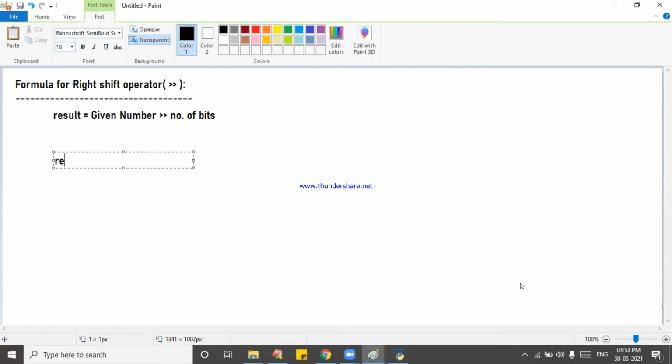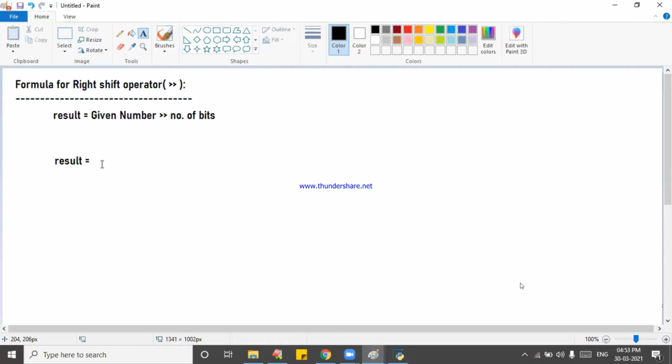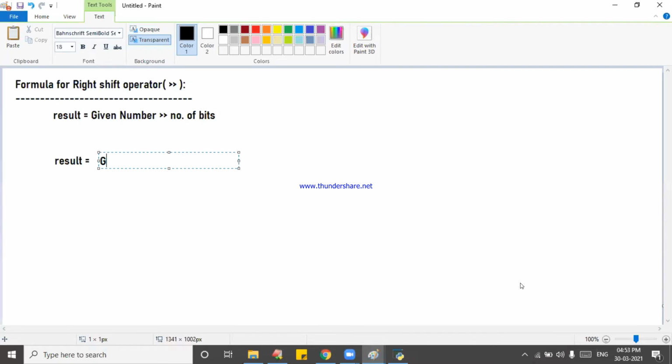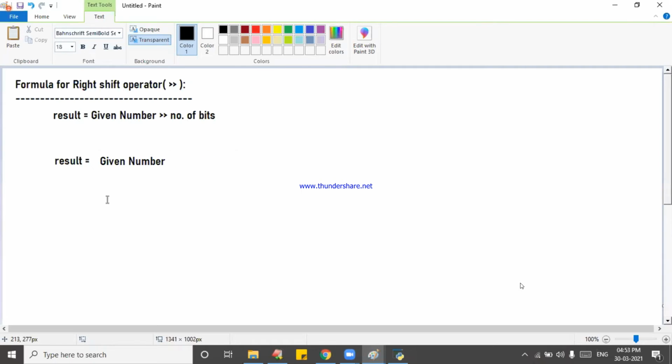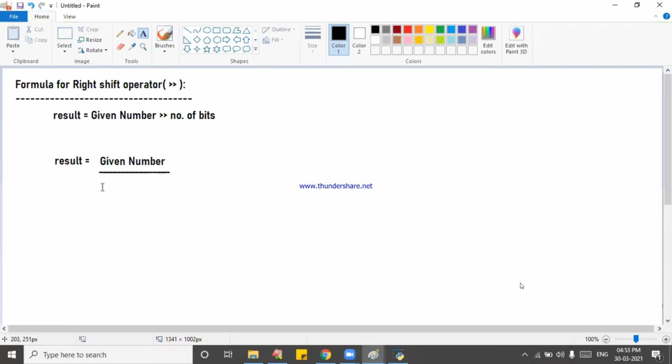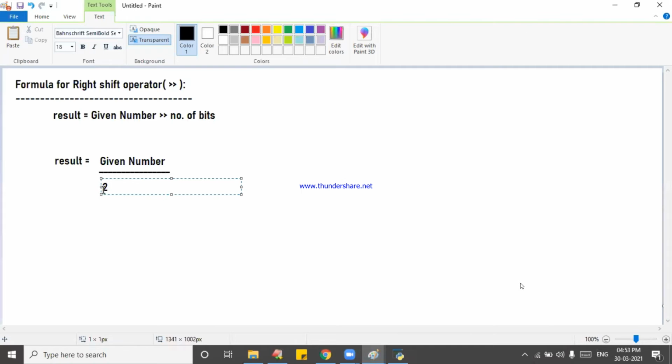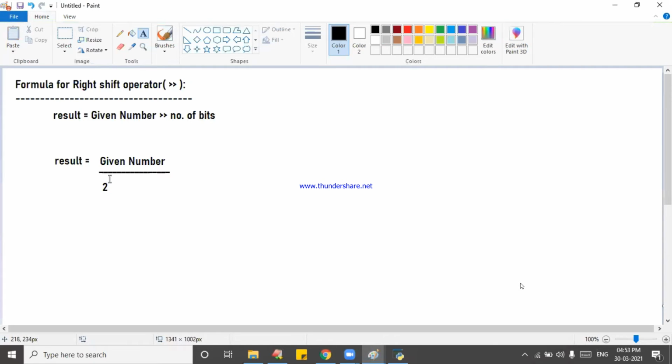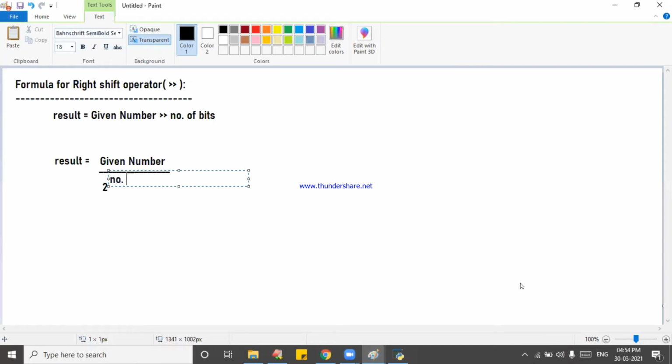Result is equal to given number divided by, the mathematics symbol, 2 to the power of number of bits.